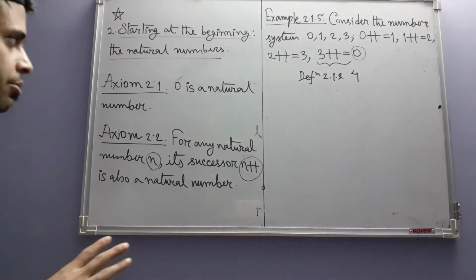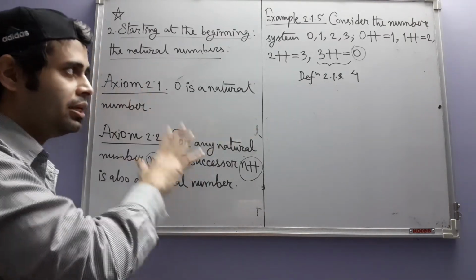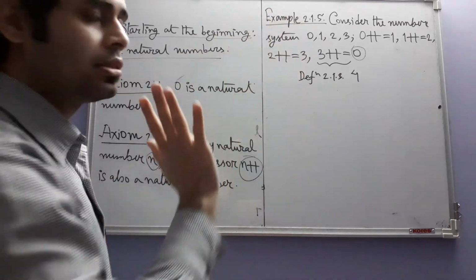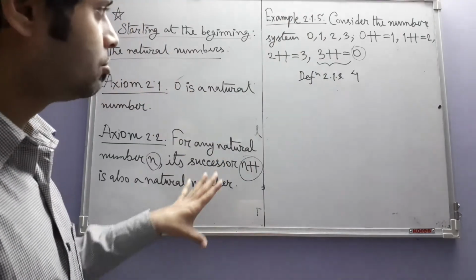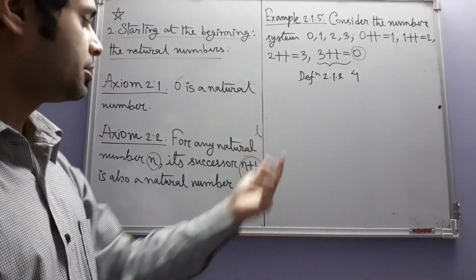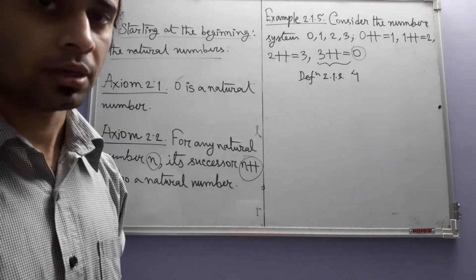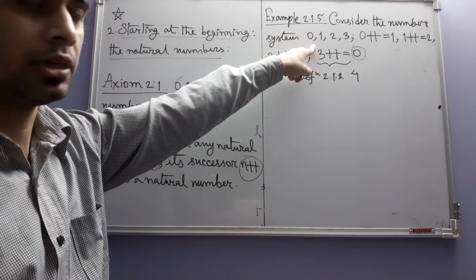Now let's one by one see whether the axioms are true. 0 is a natural number. Being a natural number means being in this system. I have proposed 2 axioms. Someone gave me this example and said, okay, according to your axioms, this is the system of natural numbers. So 0 is a natural number, that is okay.